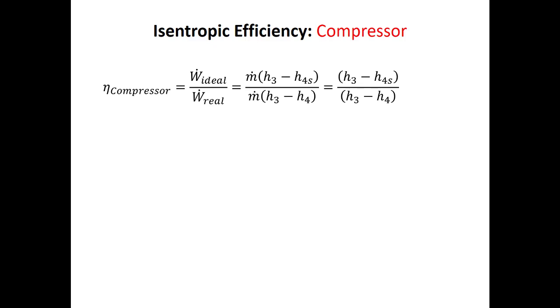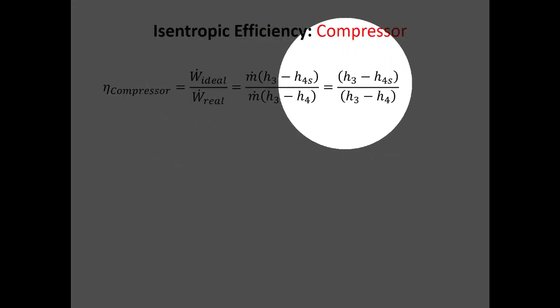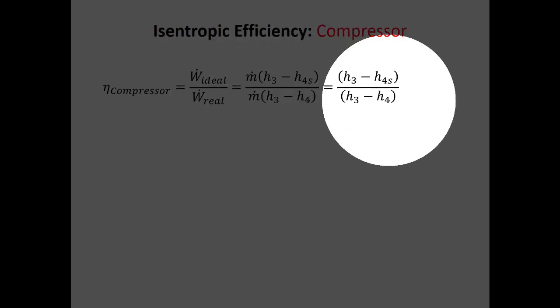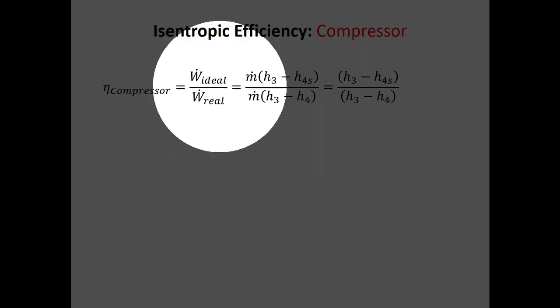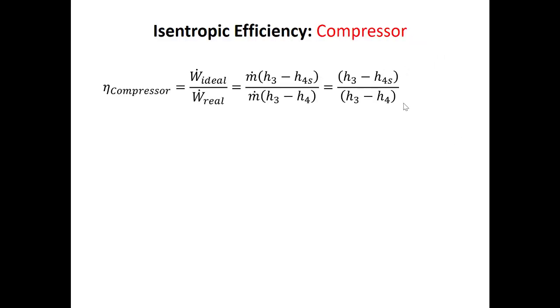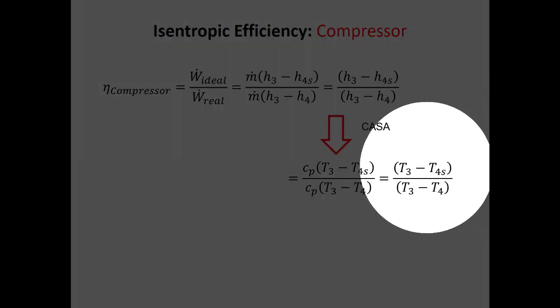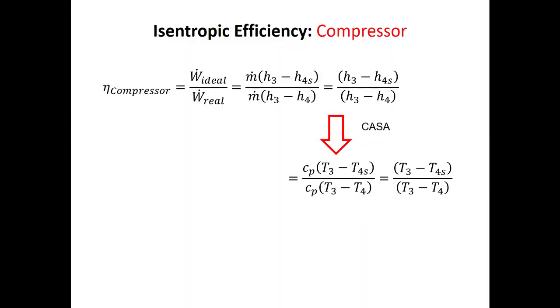If I know the ideal power, which I do because I know state 3 and state 4s, I don't know the real power because I don't know H4, but the good news is I know the compressor efficiency, so the only thing here I don't know is H4, so I can isolate this to find H4. Or if I use constant specific heat, I pull specific heat out of the numerator and the denominator, and I can use the temperature at T4s and the isentropic efficiency to find the temperature at state 4.